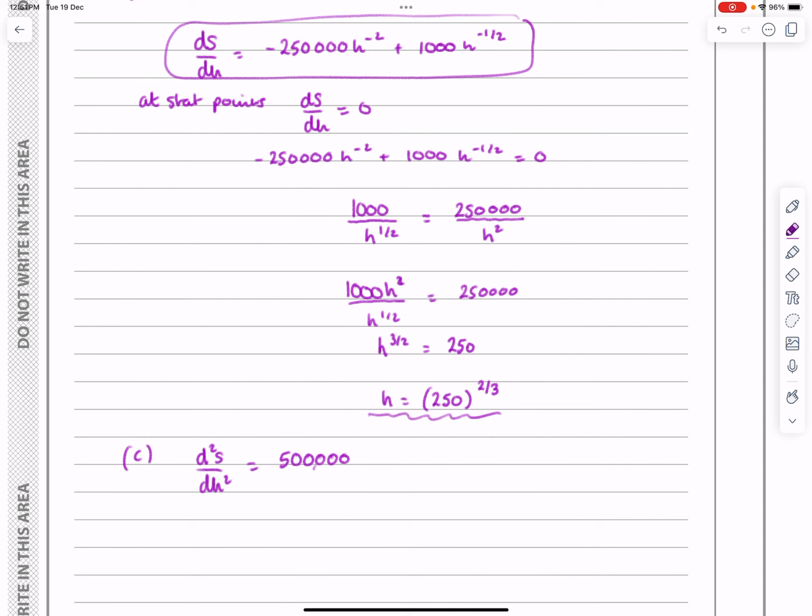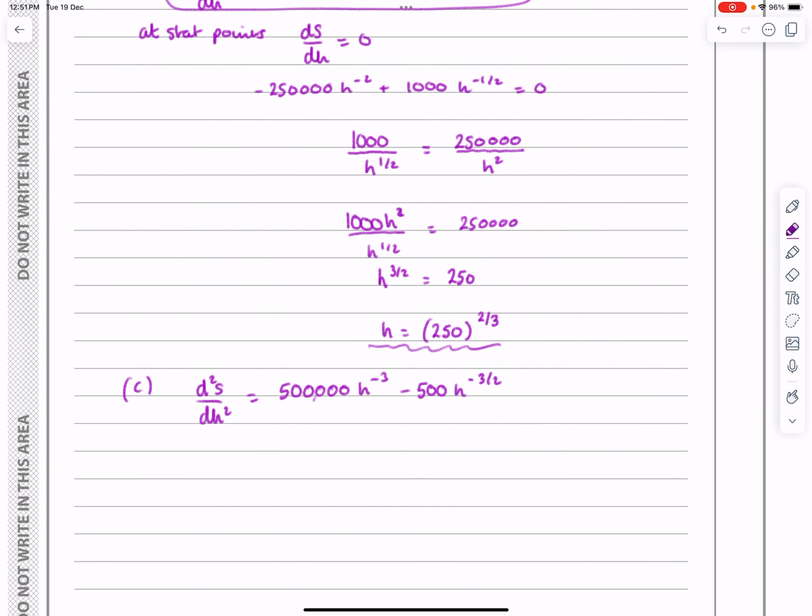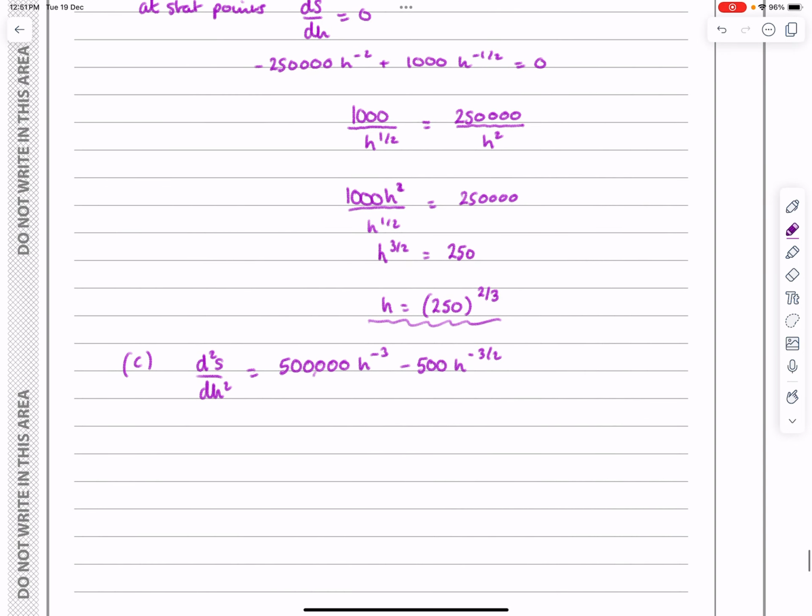Take one off the power, h to the minus 3. Multiply by the power, minus 500. Take one off the power, h to the minus 3 over 2. So that's my expression for d2s by dh squared.